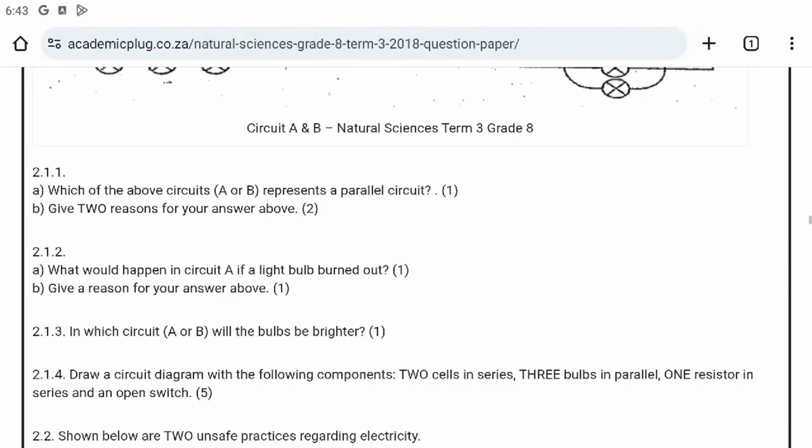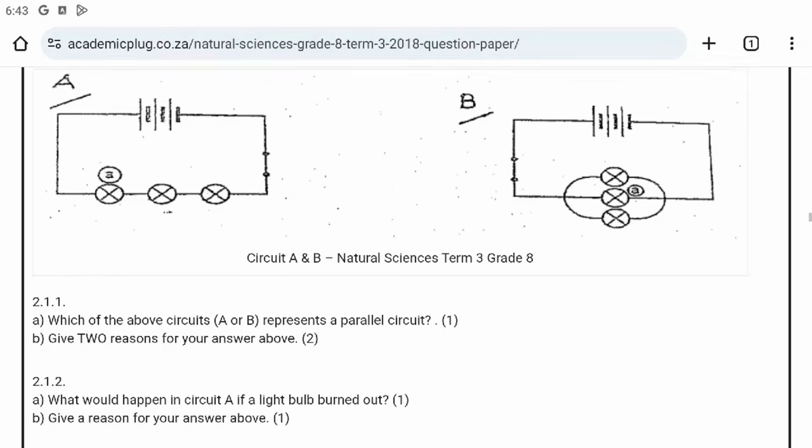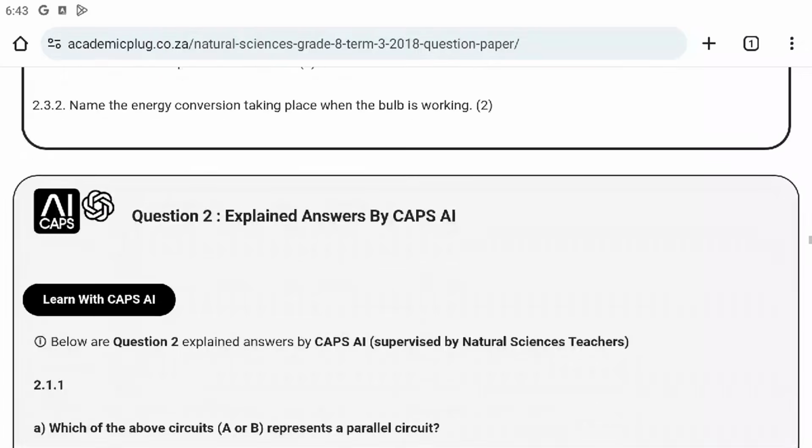2.1.2. What would happen in circuit A, which is on the left, if a light bulb burnt out? Give a reason for your answer above.